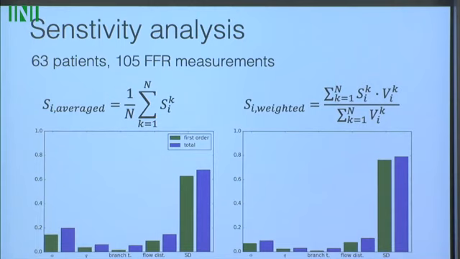So it means that the flow distribution by far does not influence the FFR as much as the stenotic degree, and also alpha, the factor by which you decrease the peripheral resistances, turned out to be fairly important.